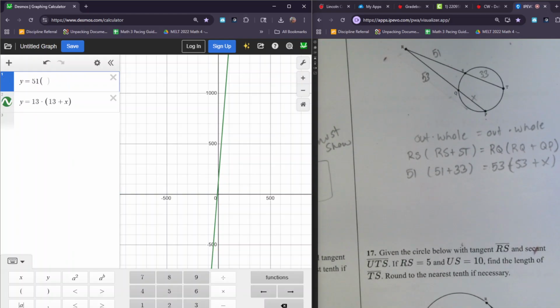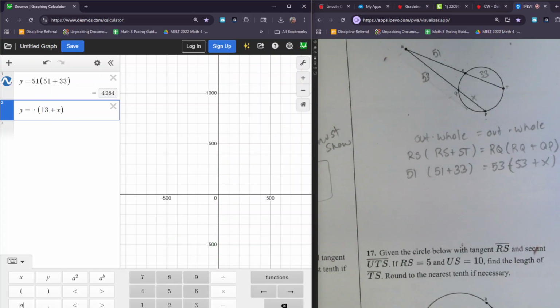51 times 51 plus 33. And then I'm just going to replace these, 53 and 53.